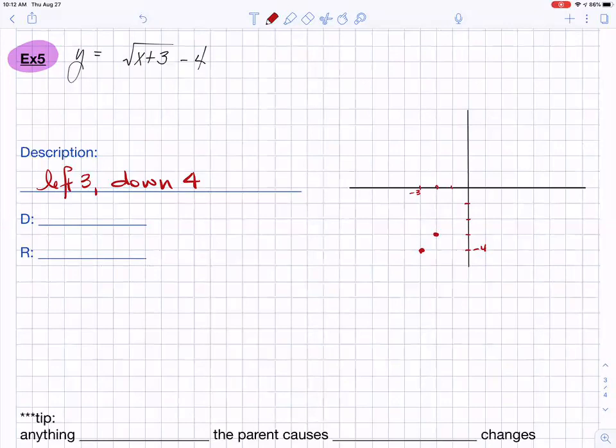And then you remember in the parent how you went back to the origin and you went to the right 4 and up 2? Well, let's go to our new origin, and let's go to the right 4 and up 2 from that new origin. And now those are my 3 points that I can use to draw my swoop.